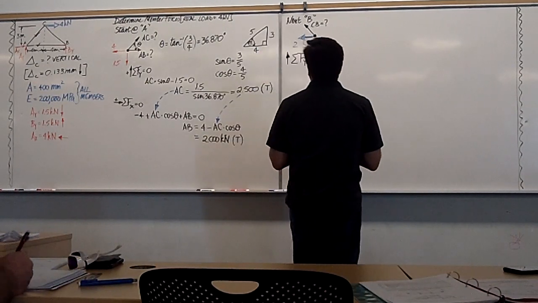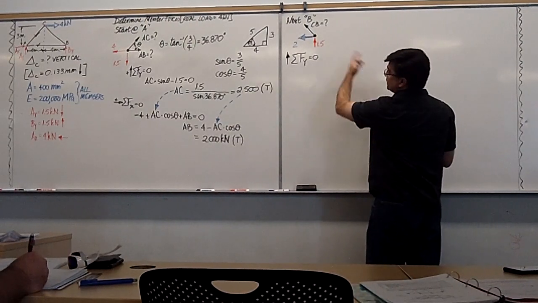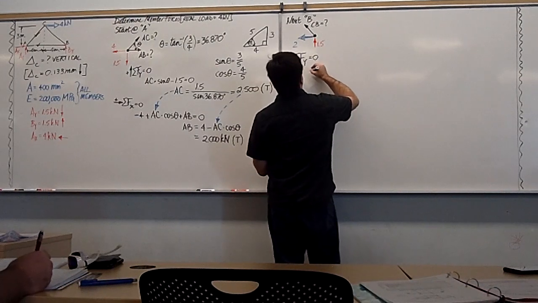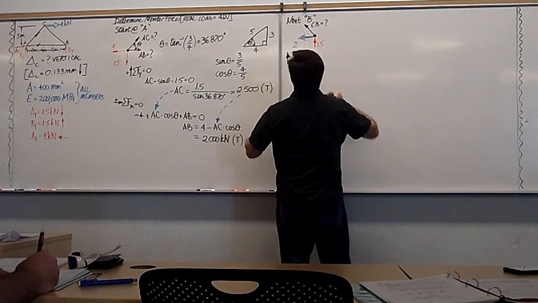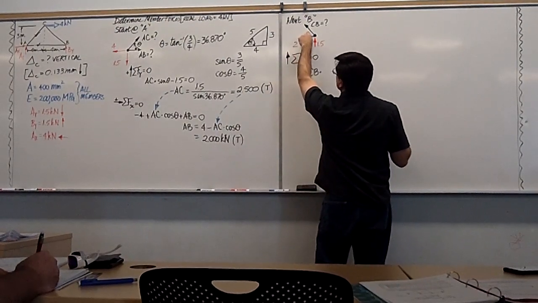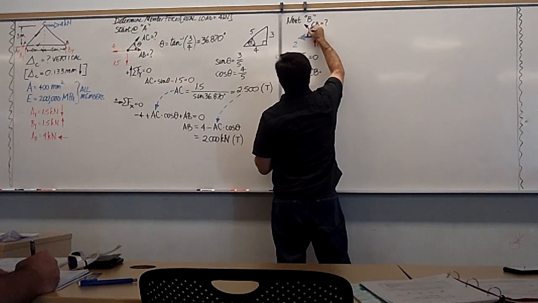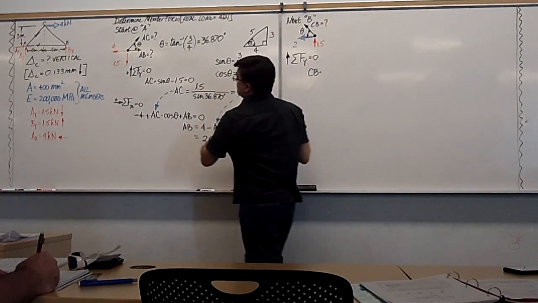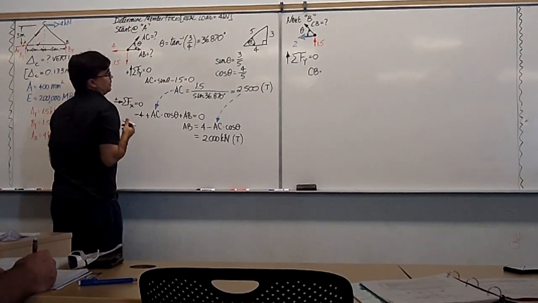Sum of the forces in the Y direction gives us CB. Okay, that's good. So we have CB times, do we need this angle here? It's the same, because the geometry is the same. It's a 4, 3, 5 triangle.